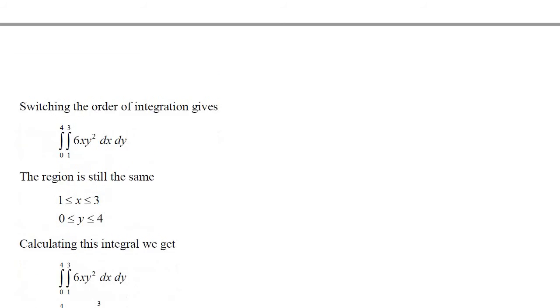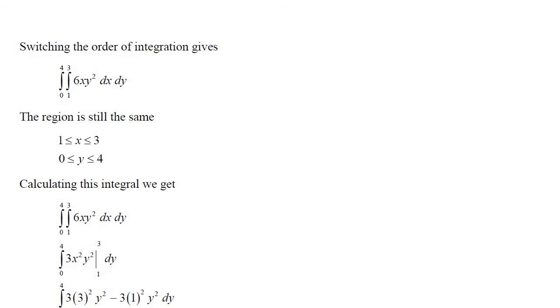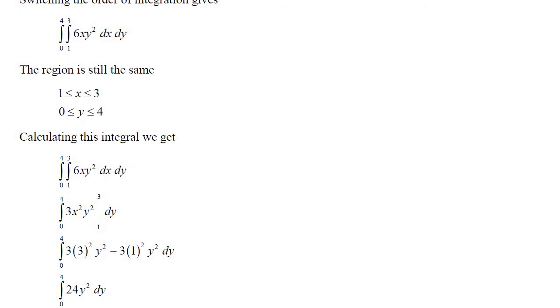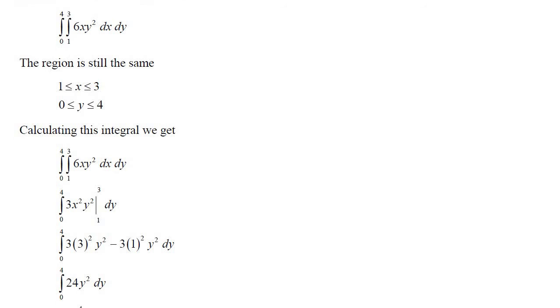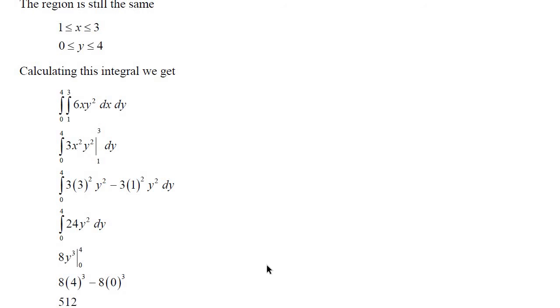And here I actually went through to show you that it calculates the exact same result. So integrating with respect to x first, that gives me 3x squared y, going from 1 to 3. So plugging those in, I get 3 times 3 squared times y squared minus 3 times 1 squared times y squared, which will give me a 24y squared.